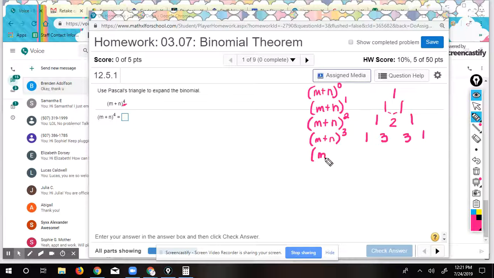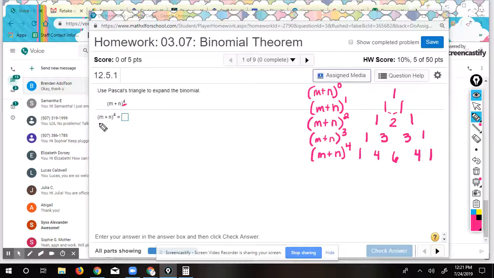We have it to the fourth power. So we're going to put our border there. We're going to add, and add. So this tells me all of the coefficients for if I would expand this binomial.